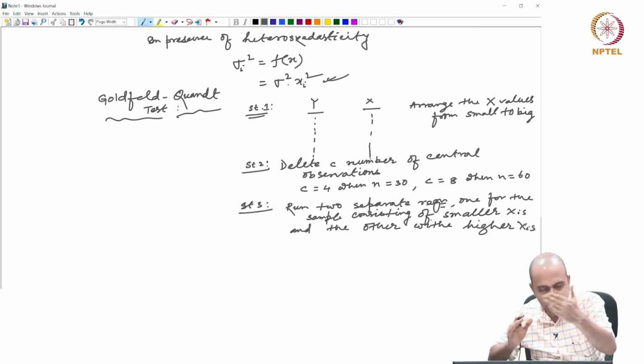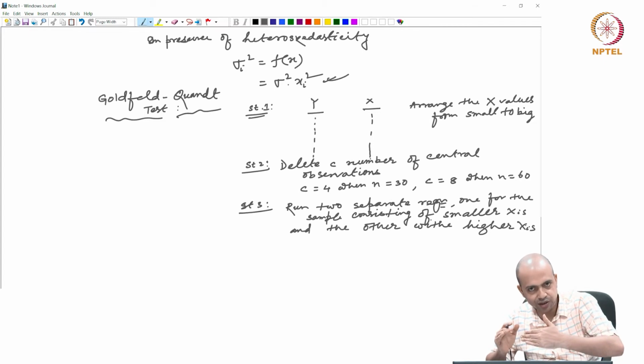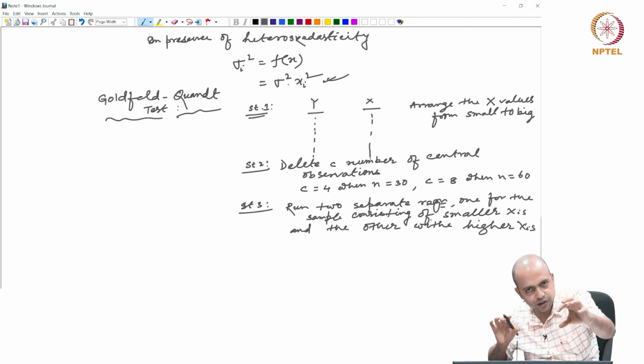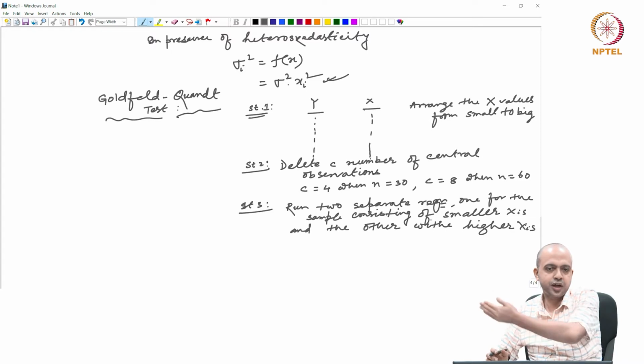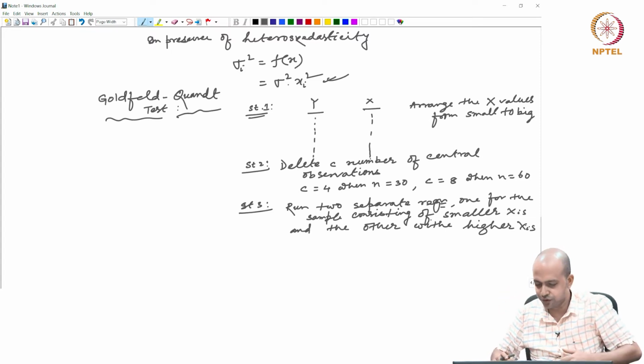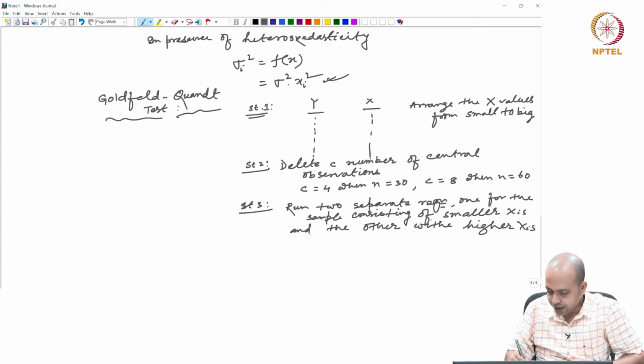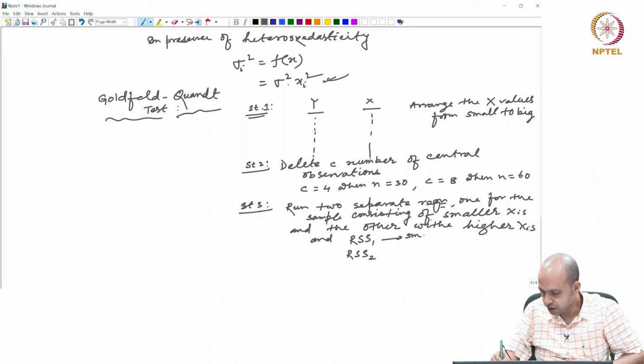That means once you arrange the sample from small to big and delete C number of central observations, you will get two different samples. In one sample you will have small x values and in the other sample you will have higher x values, and collect RSS 1 and RSS 2, from the small x and from the higher x.